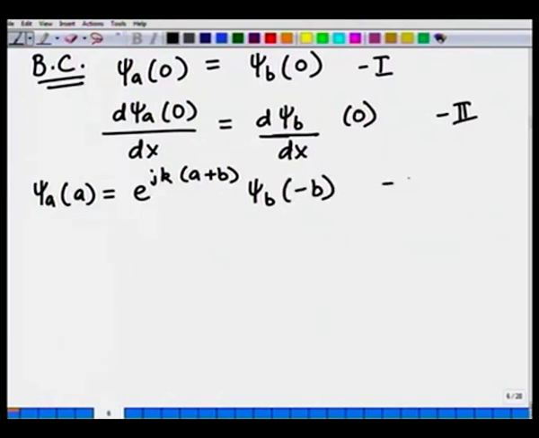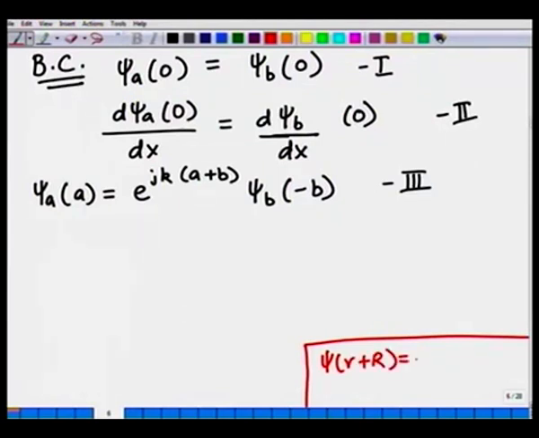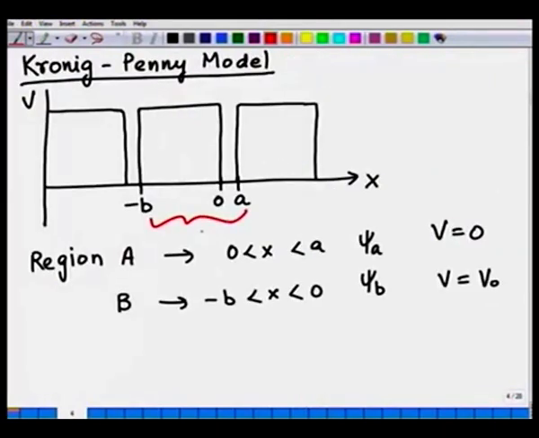Recall, this is 3. Recall that this is the consequence of φ(r + R) being equal to e^(jk·R) φ(r). That is the solution which came out of Bloch's theorem, which is exactly what I have written down, where in this case the total periodicity is a plus b.